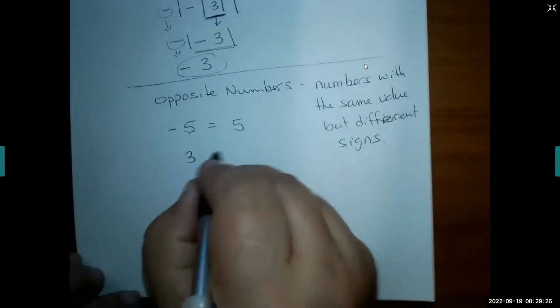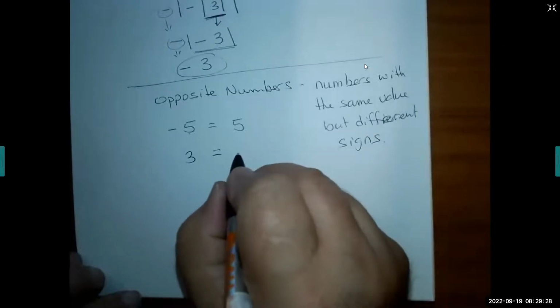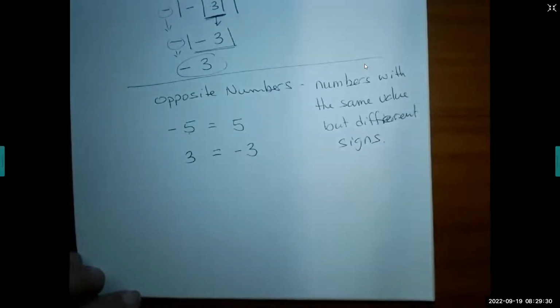Absolute value of the opposite of 3, -3. You notice I didn't say minus 3.